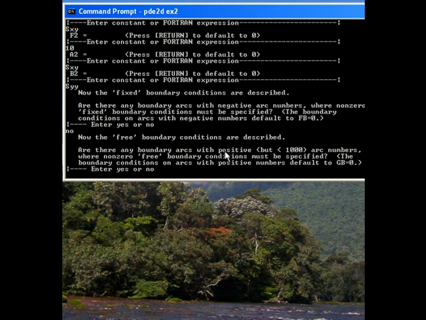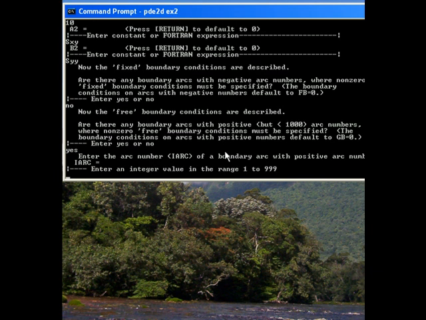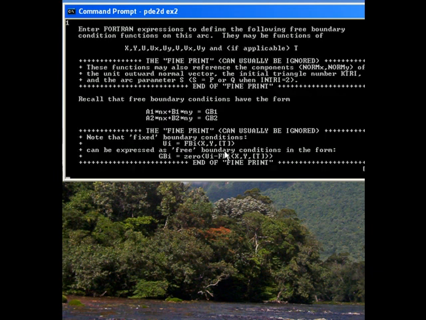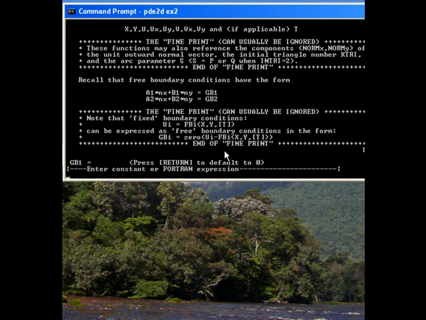Well, let's input one of them anyway. Let's say yes, we do have an arc number 1 where the boundary conditions are that GB1 and GB2 are just the two components of the boundary force. Remember, sigma xx times nx plus sigma xy times ny equals GB1.